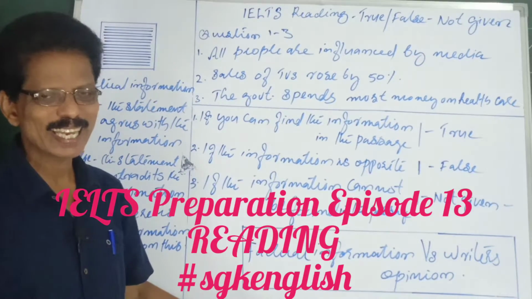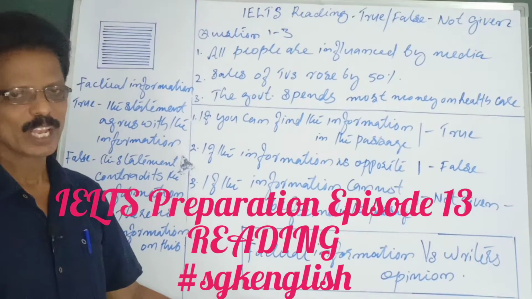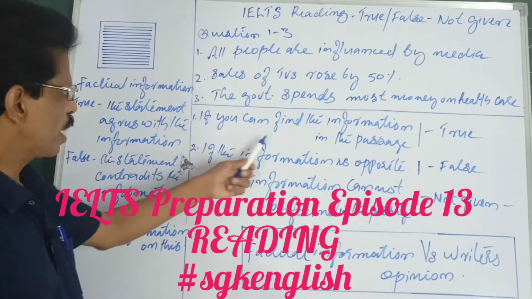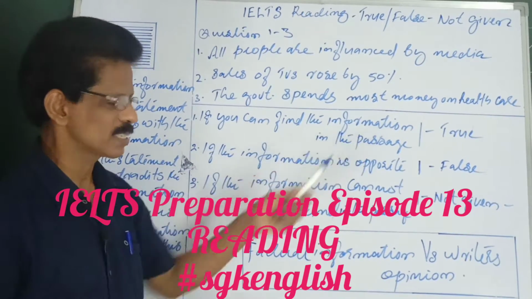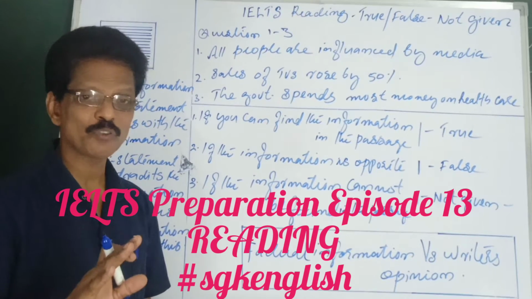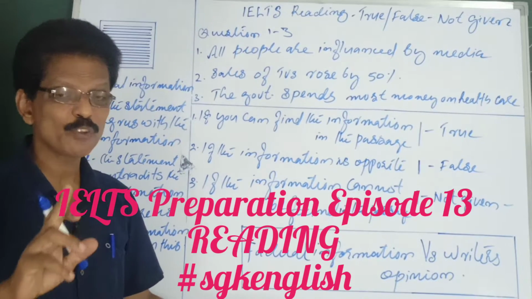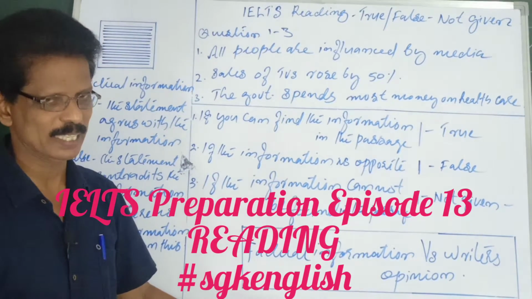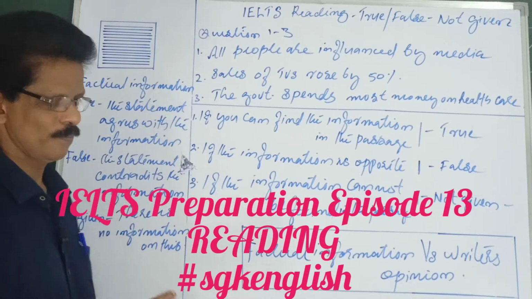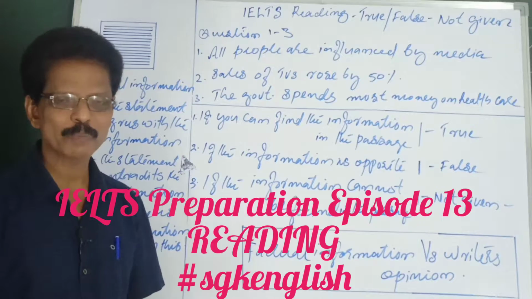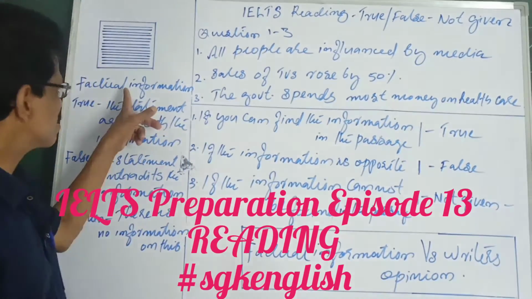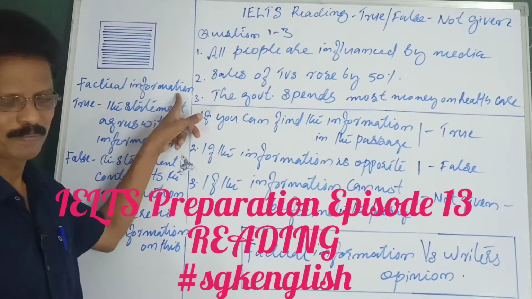It is a statement. So what you have to check is whether you are able to find the same information in the passage, because it is factual information, not what is meant by the author or the writer, whether the facts are available there.